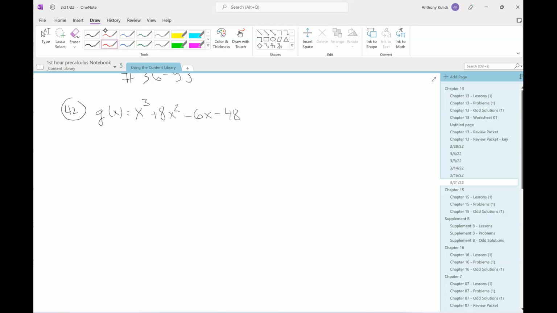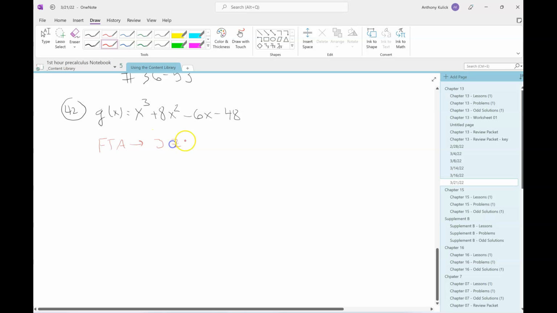Okay, so 42. We want to find all the zeros for the function. So how many zeros should we be looking for in this case? 3 zeros. Great. The possible rational zeros are easy in this case because the leading coefficient is 1. So they're just going to be the factors of 48, right?